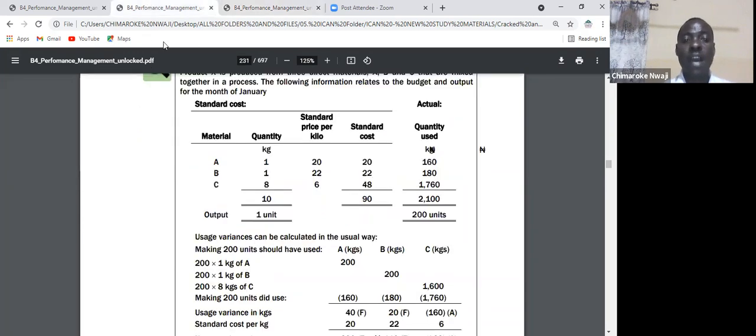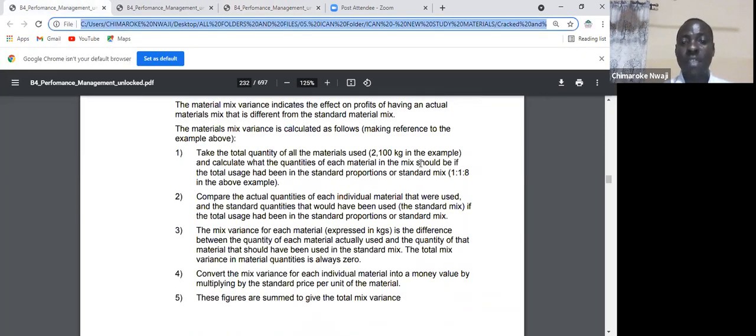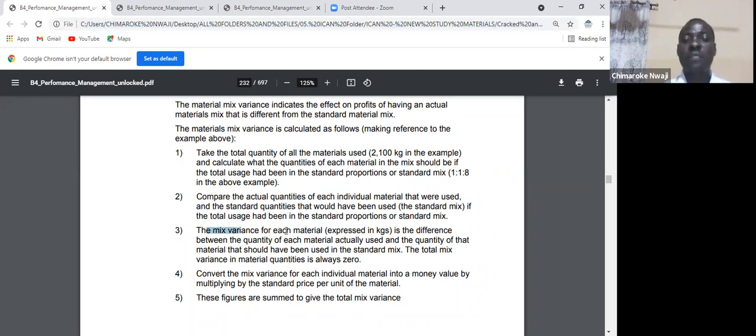So we've carried out step 1 and step 2. Now, step 3, the mix variance for each material is the difference between the quantity of each material actually used and the quantity of material that should have been used in the standard mix.